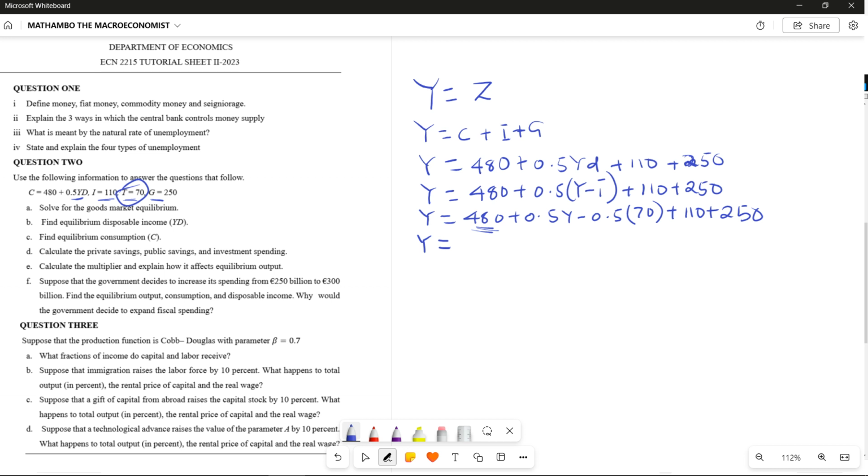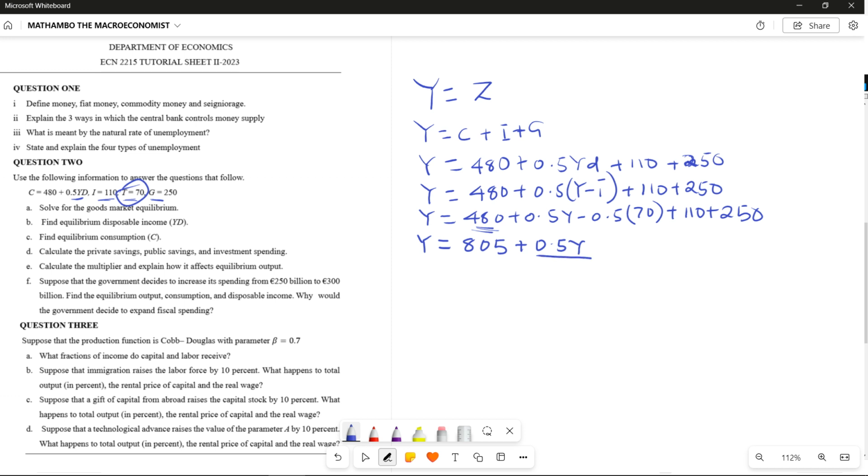Then we add 110, then we also add the 250. This is going to give us 805, plus 0.5Y. Then what we want is to make Y the subject of the formula, because we want to find the equilibrium level of output, which is Y in this case.